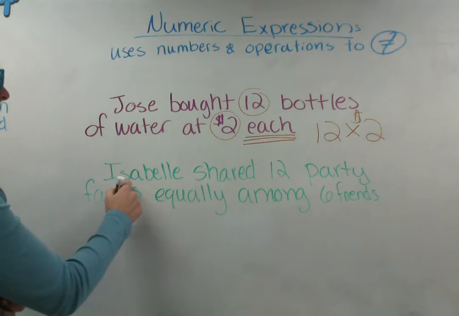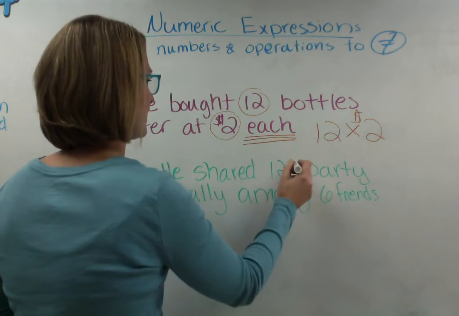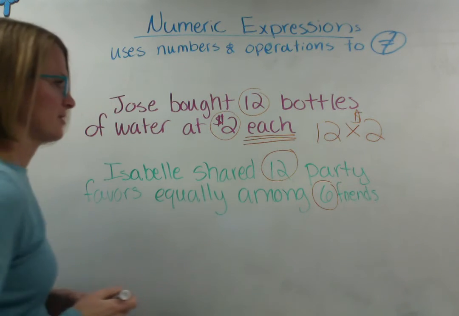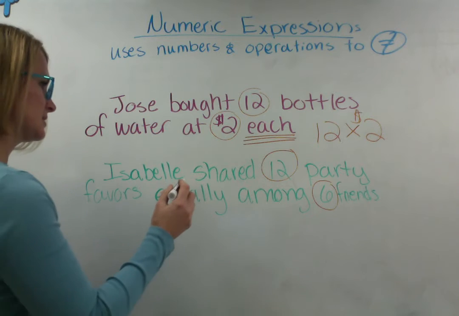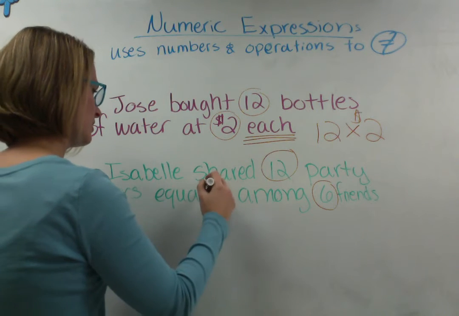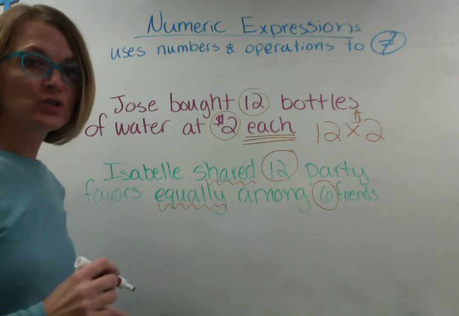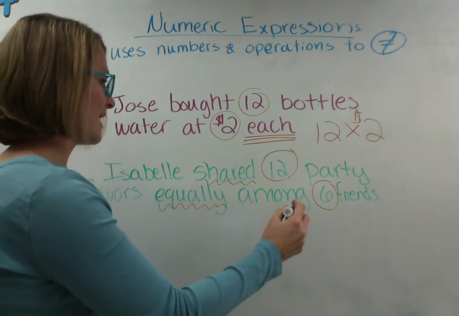Isabel shared 12 party favors equally among 6 friends. So we have 12 party favors and 6 friends. Now what is she doing with them? She shared them equally. If we're sharing something equally, that means we're going to be dividing.